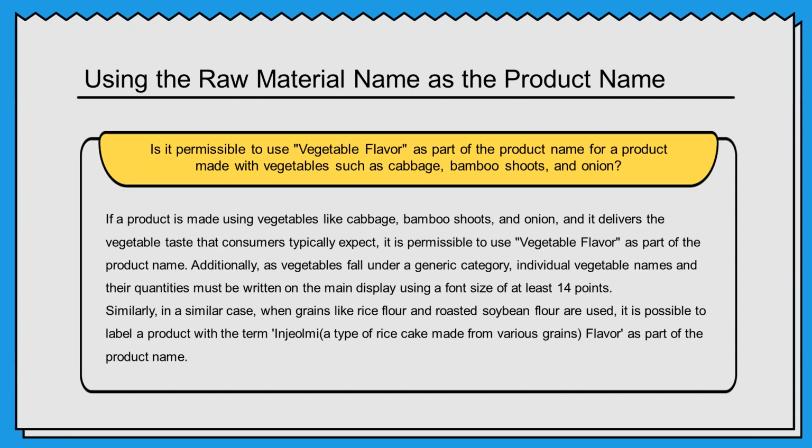If a product is made using vegetables like cabbage, bamboo shoots, and onion, and it delivers the vegetable taste that consumers typically expect, it is permissible to use vegetable flavor as part of the product name, rather than specifying cabbage flavor, bamboo shoot flavor, or onion flavor. However, in this case, the individual vegetable names and their quantities must still be indicated on the main display panel, with a font size of at least 14 points.